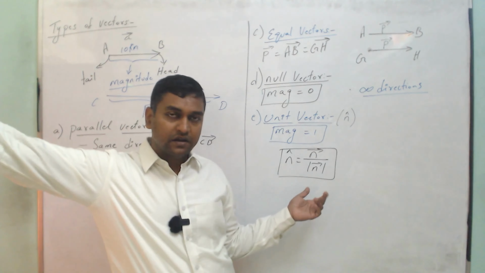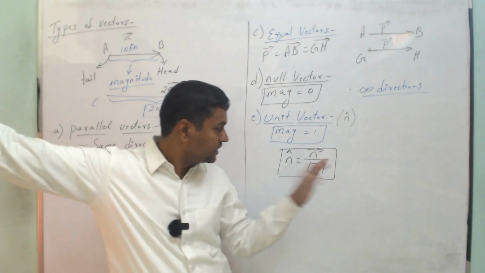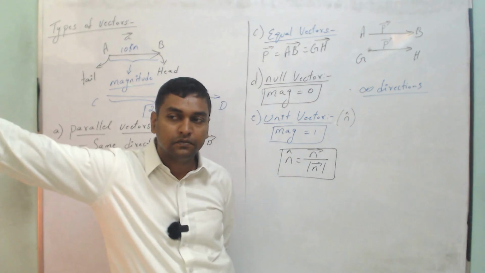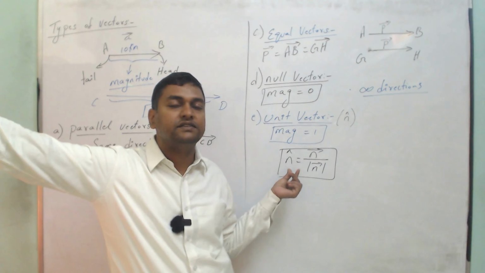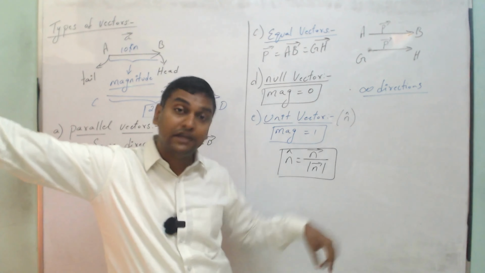Take any vector and divide it by its own magnitude, you will get the unit vector in that particular direction.